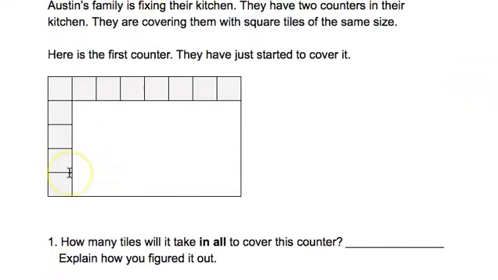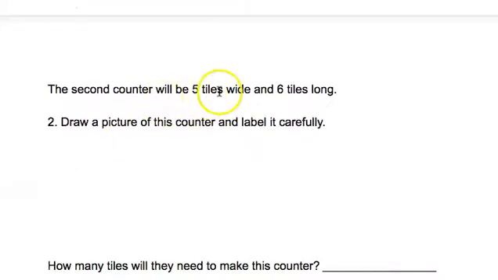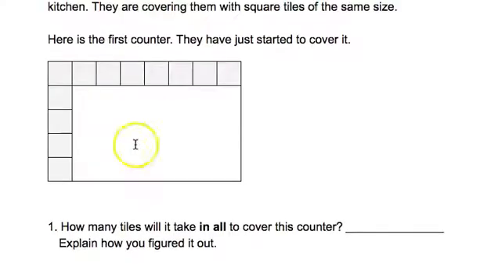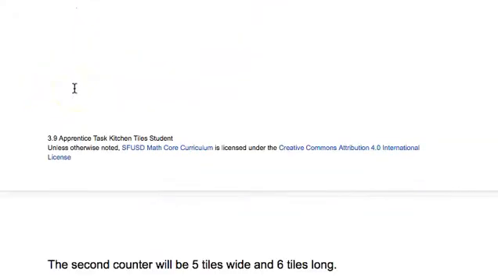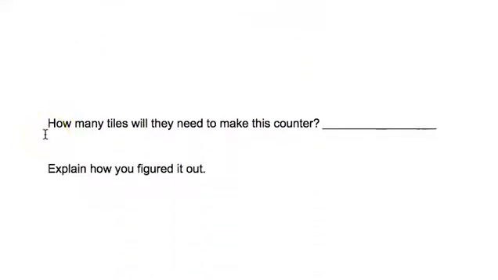So that's for counter number 1. The second counter will be 5 tiles wide and 6 tiles long. Draw that picture here and label it. So you can use what you did here, and you can make your visual look similar to this. How many tiles will they need to make that counter?